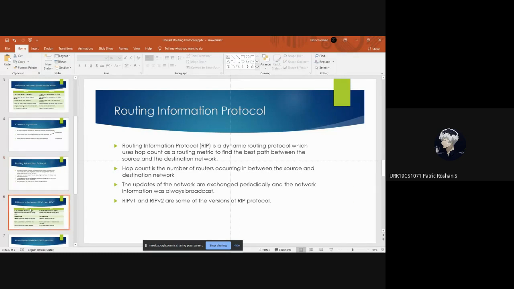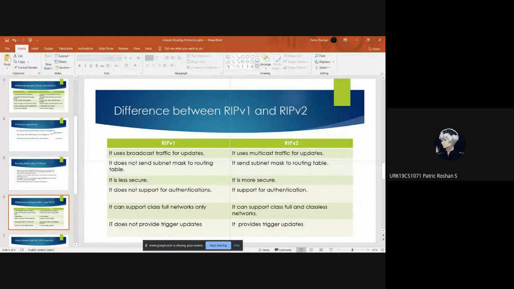The difference between RIP version 1 and RIP version 2: version 1 uses broadcast traffic for updates, and version 2 uses multicast traffic for updates. Version 1 does not send the subnet mask to the routing protocol, and version 2 sends the subnet mask. By not sending the subnet mask, version 1 is called a classful routing protocol, and RIP version 2 is called a classless routing protocol.